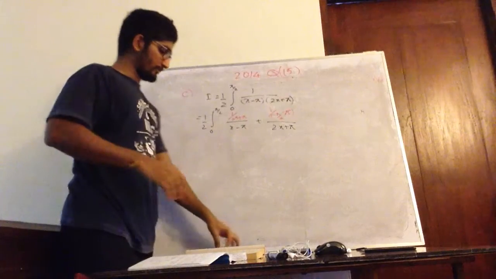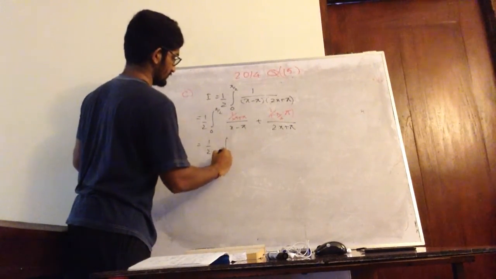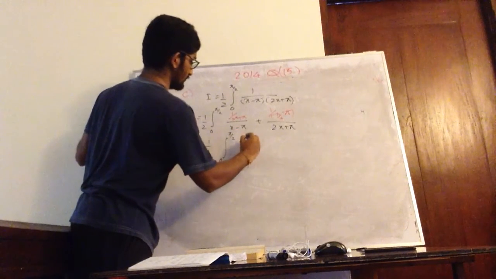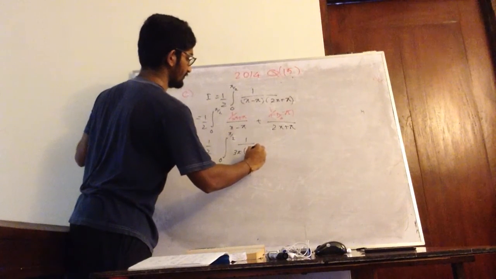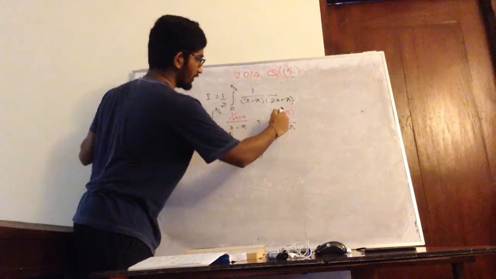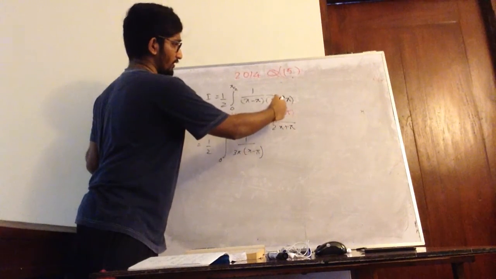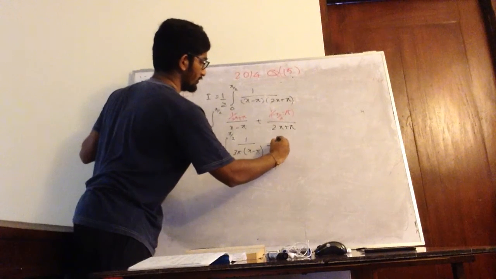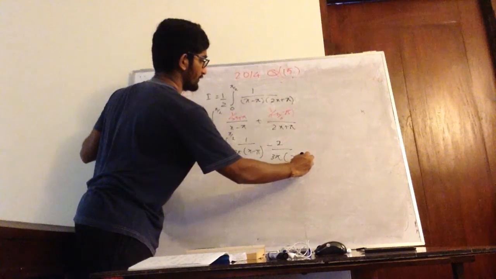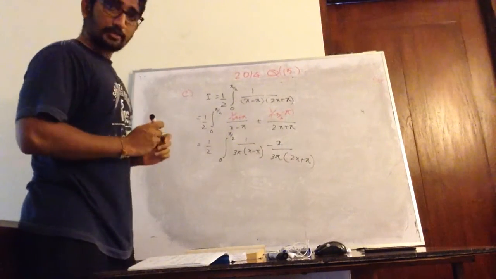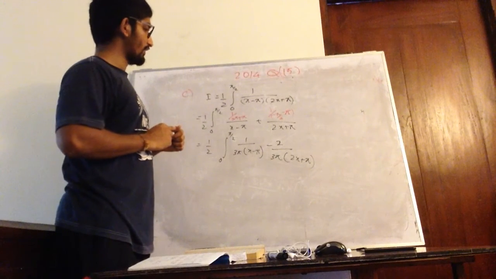So then you get 1 over 15 here, and minus 2 over 15 with 2x plus 5. Correct? So now that is also done.